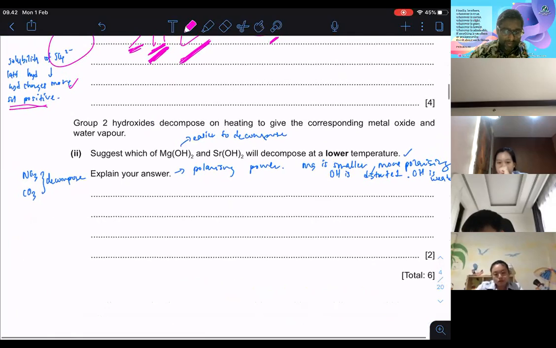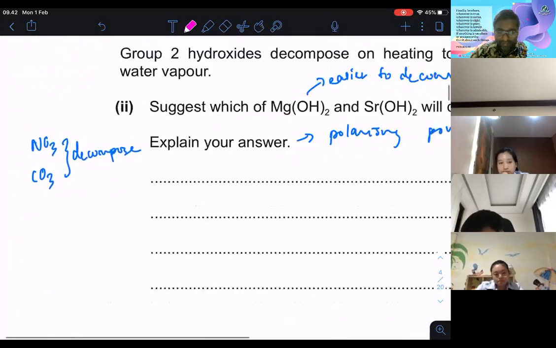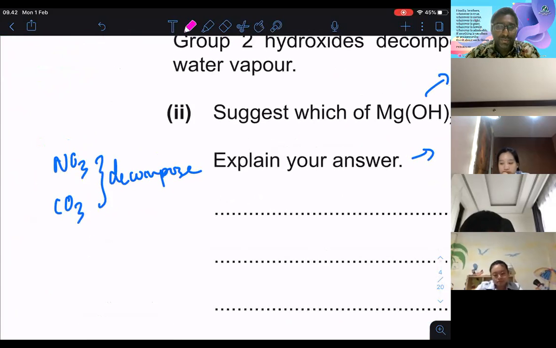But again, let's have a look at your AS group 2, related to thermal stability. Here they are asking about hydroxides, but we have also learned about nitrates and carbonates. The same explanation applies for thermal stability of nitrates, carbonates, and hydroxides going down the group.